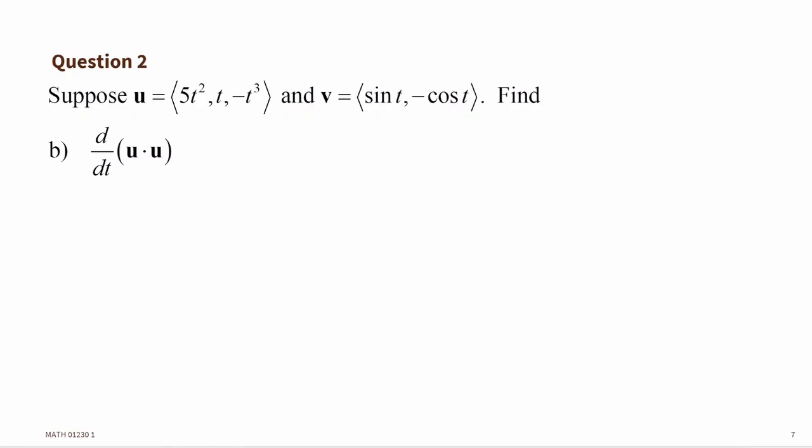The derivative of u dot u. But if you take any vector dot itself, it's just the magnitude of it squared. So this is actually what we're looking for.